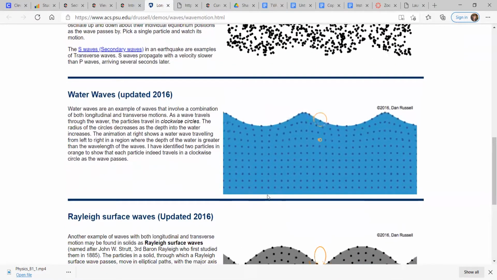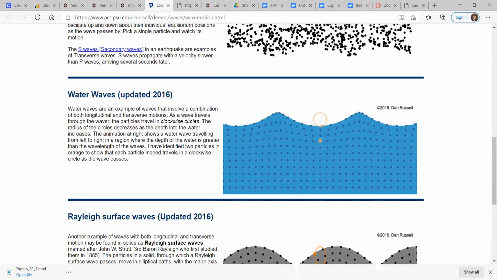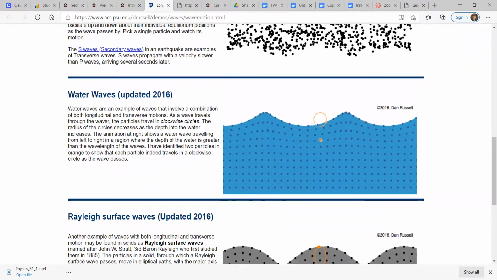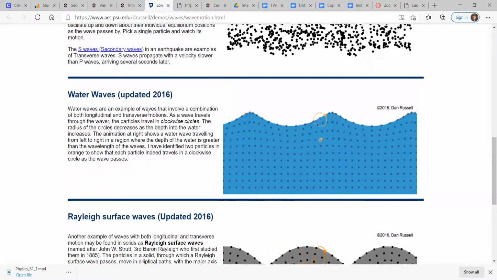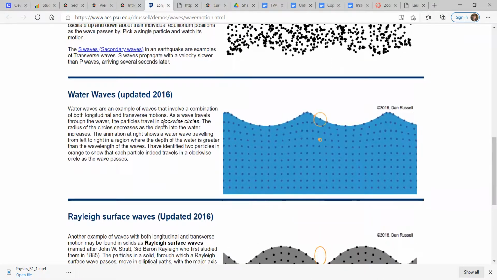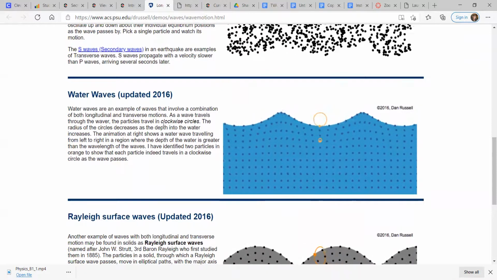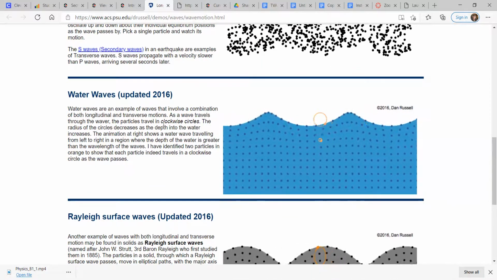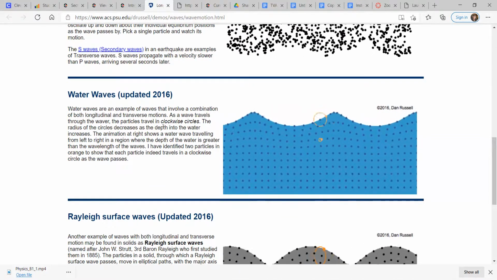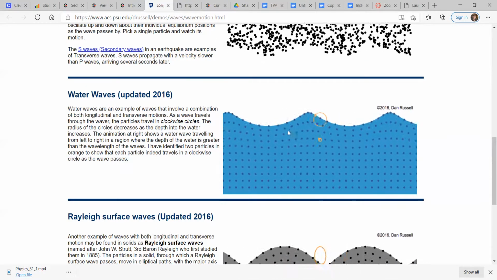Here we have water waves. These are an example of waves that involve a little bit of both. So as a wave travels through the waver, which is a machine that is used to study water waves, you can see it travels in this clockwise circular motion.